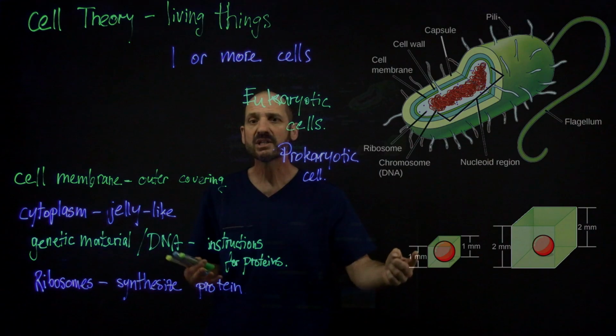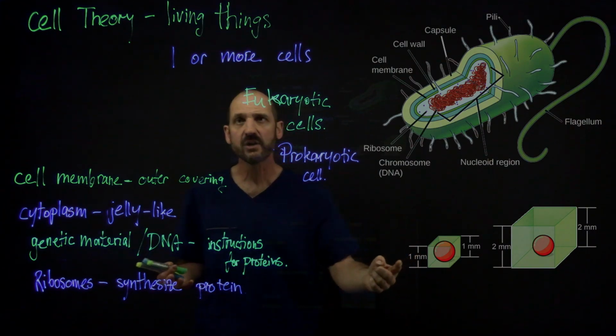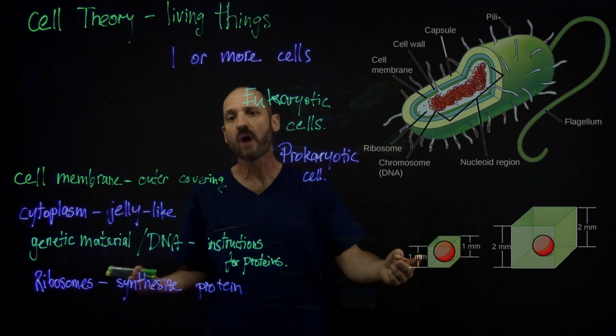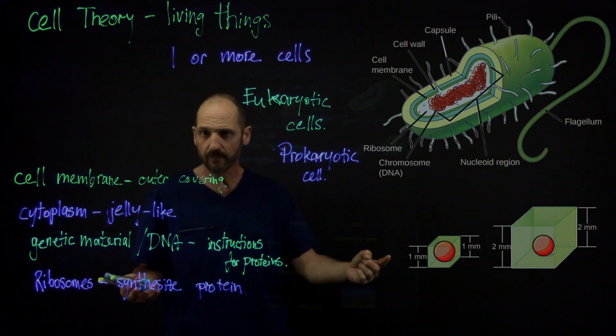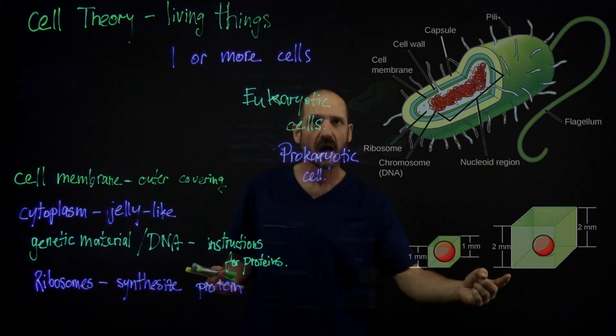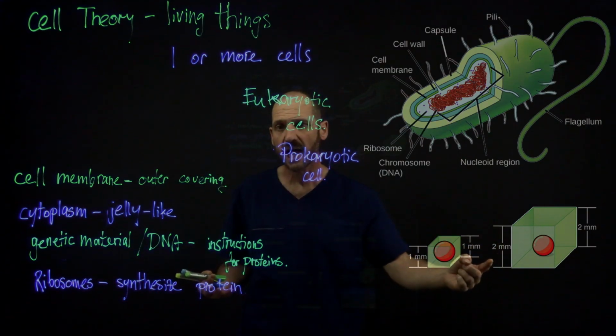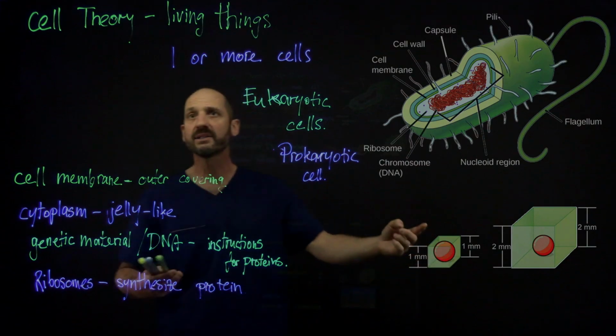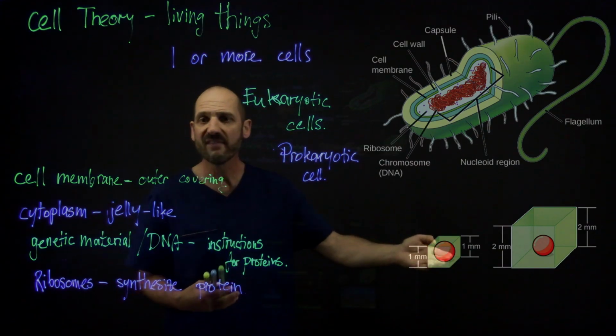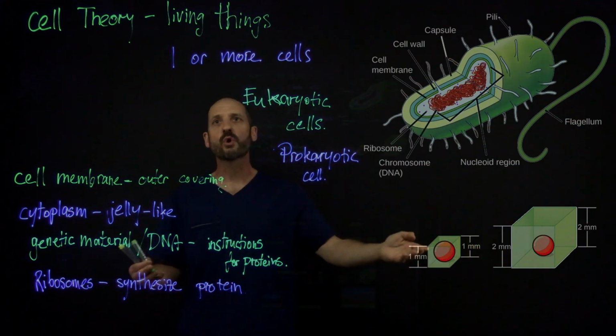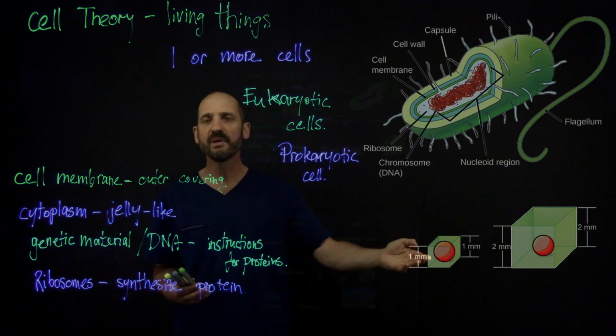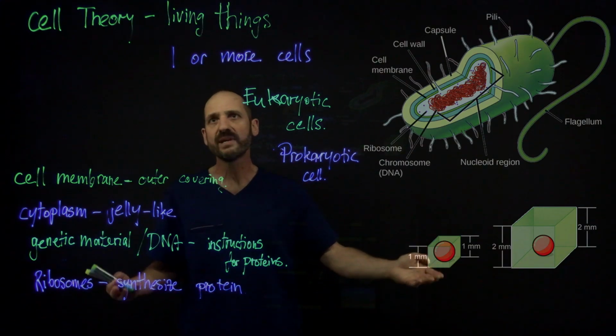That gives us 6 millimeters squared of surface area to 1 millimeter cubed of volume. That's a 6:1 ratio. When the cell becomes 2 millimeters in size, of course that's very large, but as an example, we have a 24 millimeters squared surface to an 8 millimeters cubed volume, and that's a 3:1 ratio.